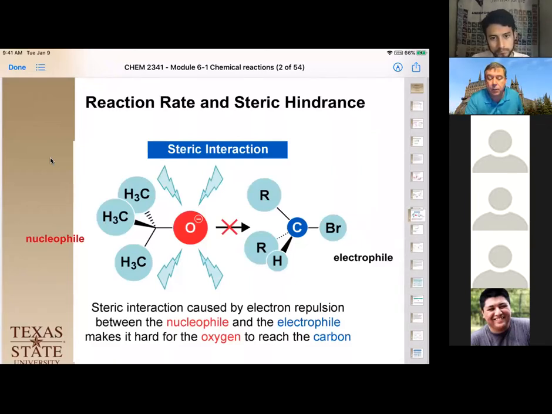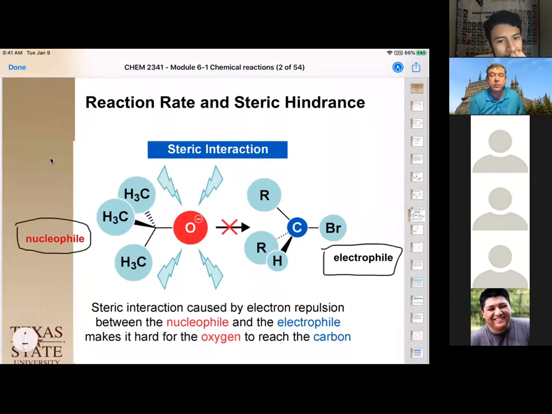Okay, so when we talked about acids and bases, I told you that we have a Lewis acid and a Lewis base, but we also had a special name for them. One is called a nucleophile, which is a Lewis base. Now remember, a Lewis base has electrons that it can share to make a new sigma bond. Okay. Electrophiles are the opposite of that.